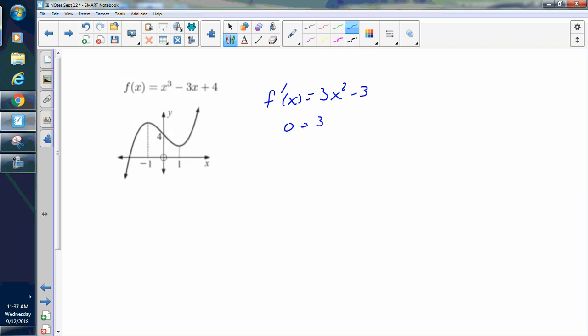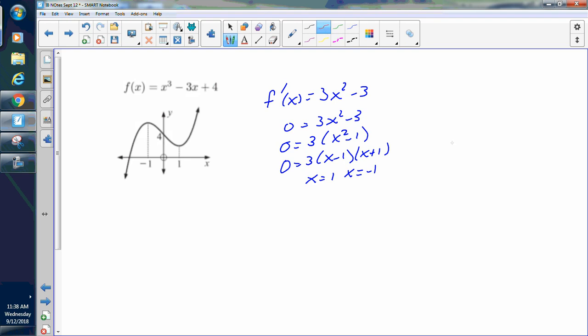Set it equal to 0. Go through the process of finding out what value of x is going to cause us to be 0. X is 1 and -1. Now we knew this because of the graph, but if we don't have the graph available, like Newton and Leibniz and thousands of mathematicians after them didn't, they can still find out where it increases and decreases.